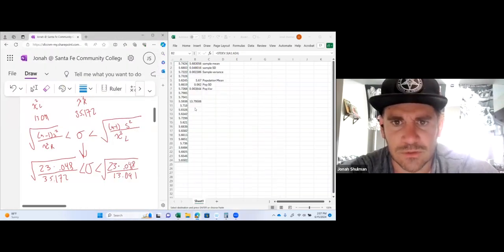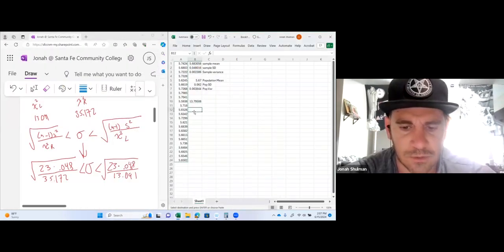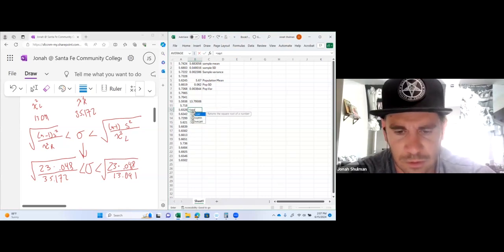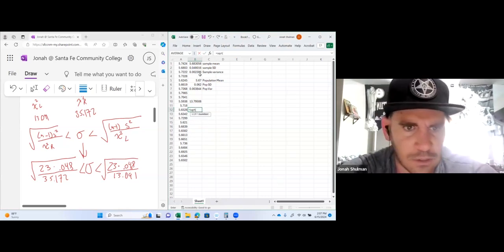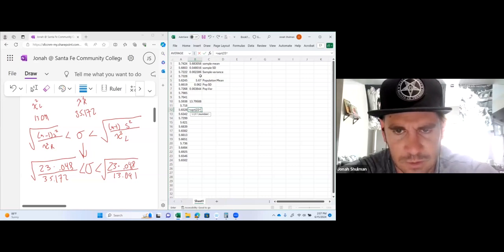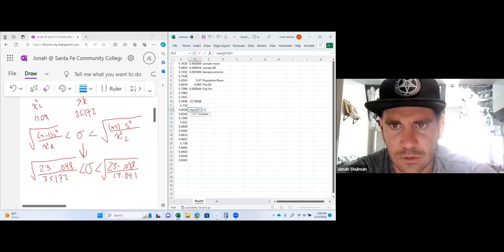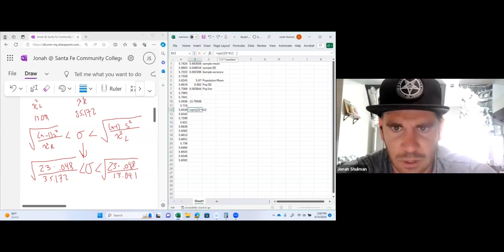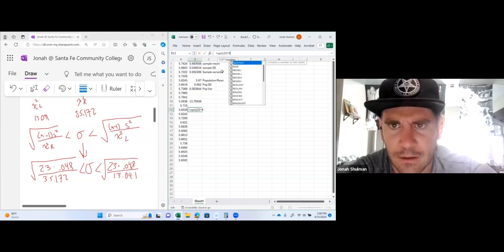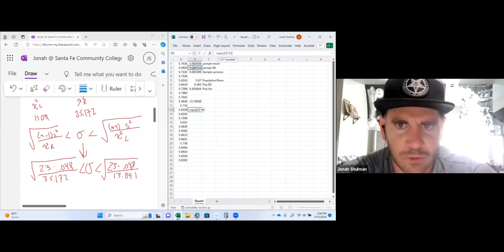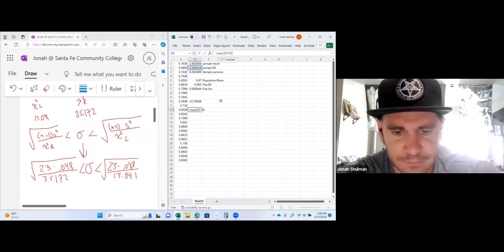Why don't we just use this? Because we have all the values here. So I'm going to do equals square root, parentheses. It's going to be 23 times, I need double parentheses. Oops. 23 times B12, 23 times the 0.048 B2.